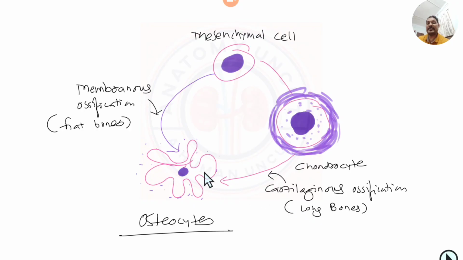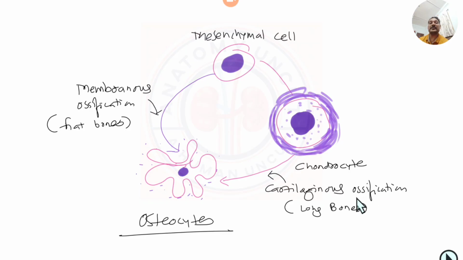Now remember again, a bone can arise directly from the mesenchymal cell via a method called membranous ossification, where in a connective tissue membrane in the embryo, the mesenchymal cells directly transform into osteocytes. The bone is formed. If the mesenchymal cell forms chondroblasts and a cartilaginous model of the bone is formed, and then the cartilage cells get replaced by bony cells, it is known as cartilaginous ossification.